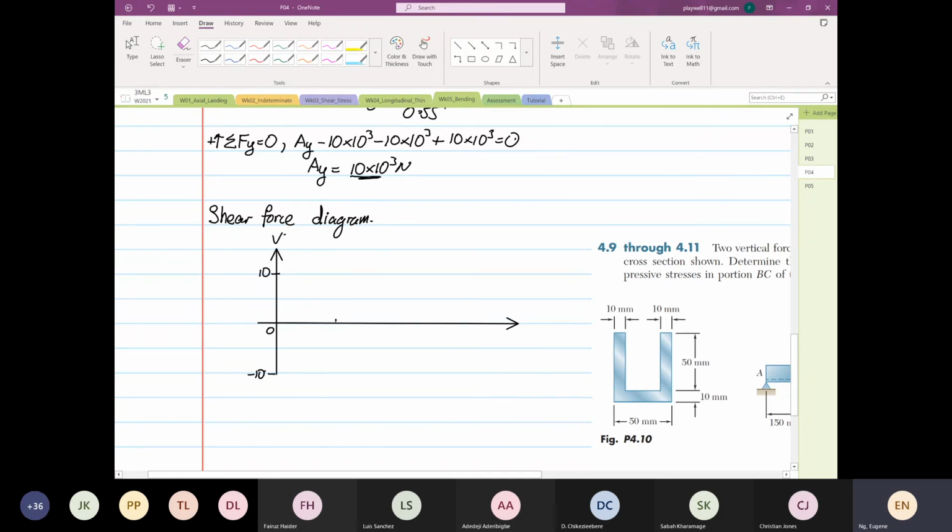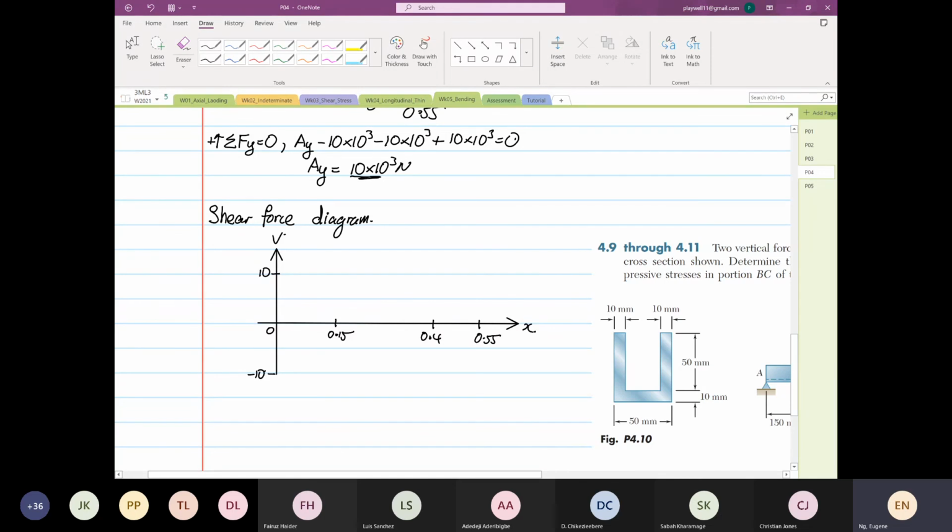Then this is 0.15. This is equal to 0.15 plus 0.25, which is 0.4. And finally, the entire length is 0.55. So this is X.